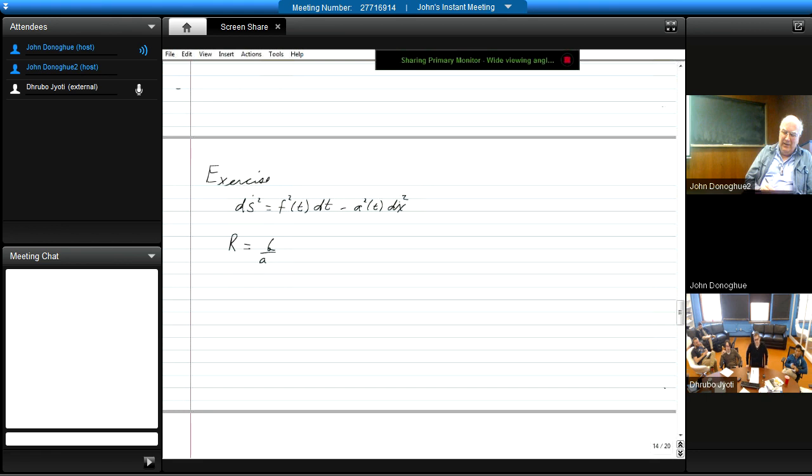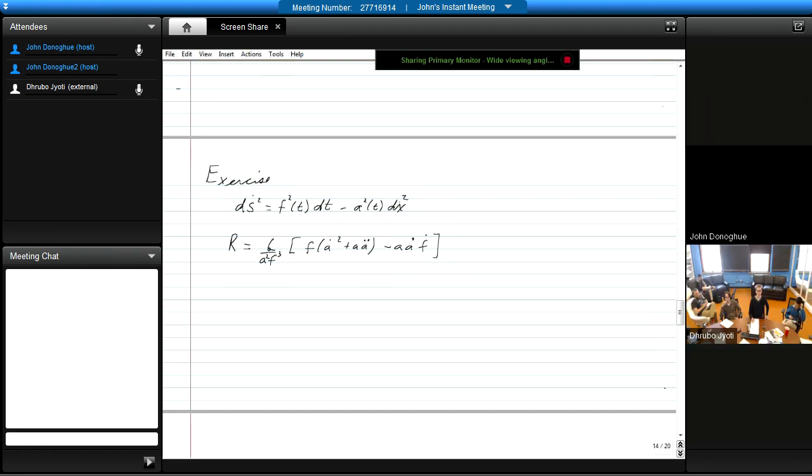Okay, the exercise is to show that R is 6 over a squared f cubed, and what is it? It's f a dot squared plus a double dot minus a dot f dot.